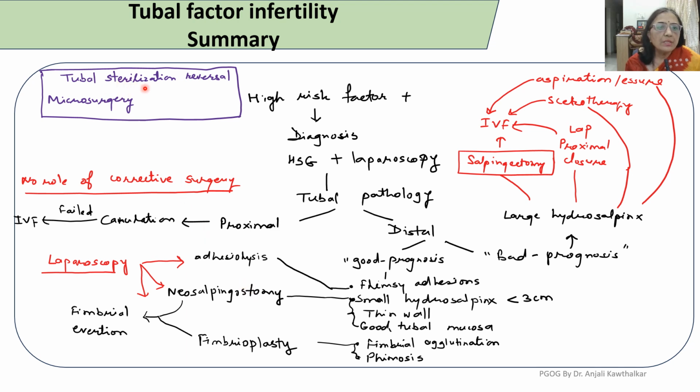If there is a tubal sterilization reversal which is necessary, then in that case, open surgery with the principles of microsurgery gives us the best results. Robotic surgery also is giving comparable results, but with laparoscopy, the results are not very good unless the laparoscopic surgeon is highly skilled to do it.